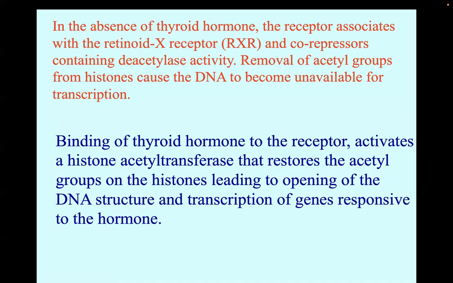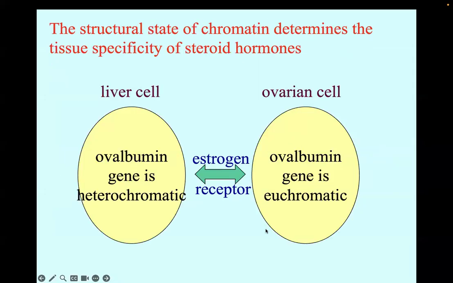So now there is repulsion of charges. And that's how you cause the decondensation of the chromatin, and thus turn it into a transcriptionally active component. You see, thyroid hormone can do this. The steroid hormones don't do this. So one more difference between these two classes.